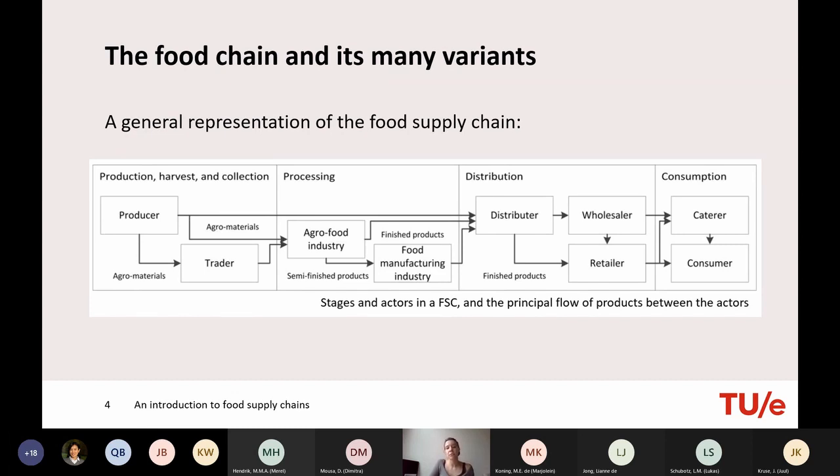These things are then further processed at production plants. There may be several processing steps, and then they have to be distributed. This can happen through a wholesaler or a retailer. It depends on the chain. Your chain may have very specific requirements, and then it reaches the consumer, in this case, the military.